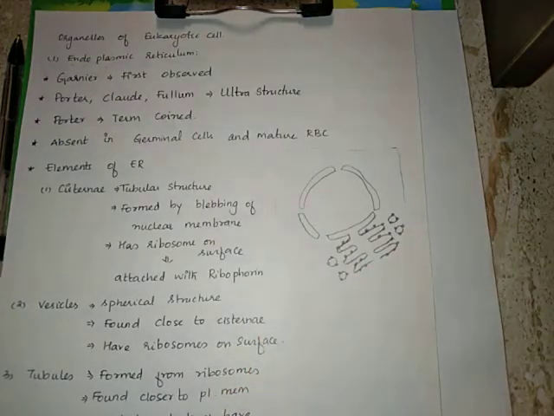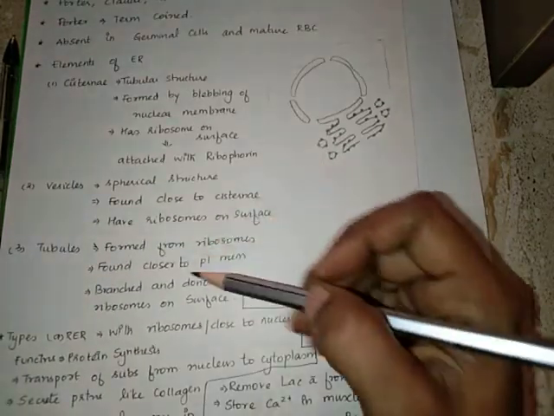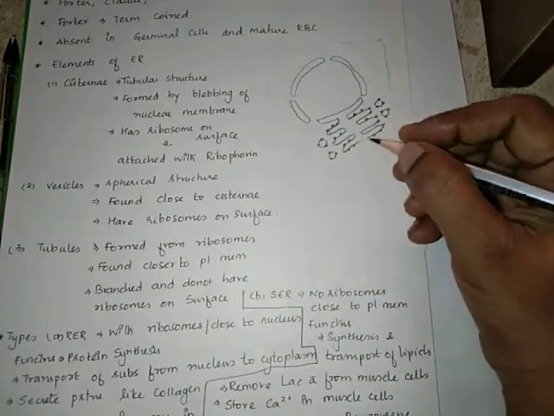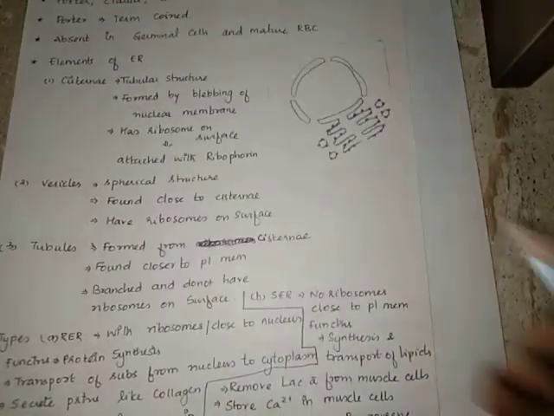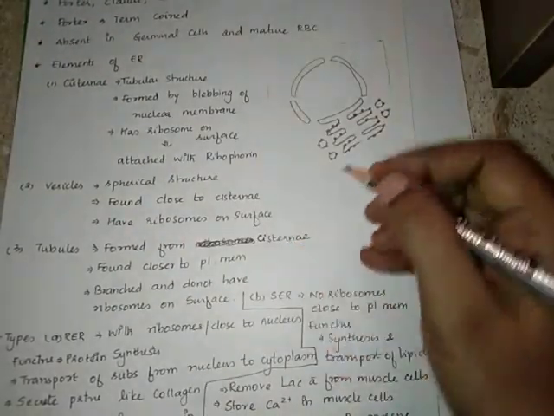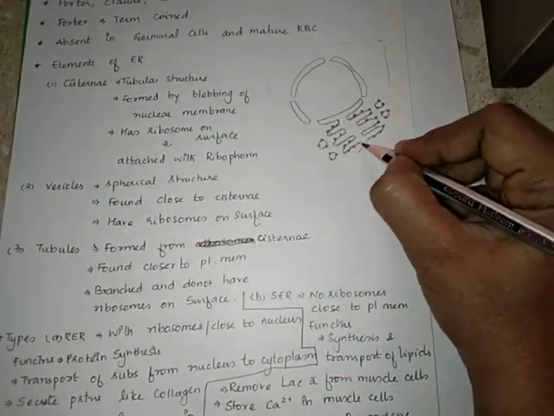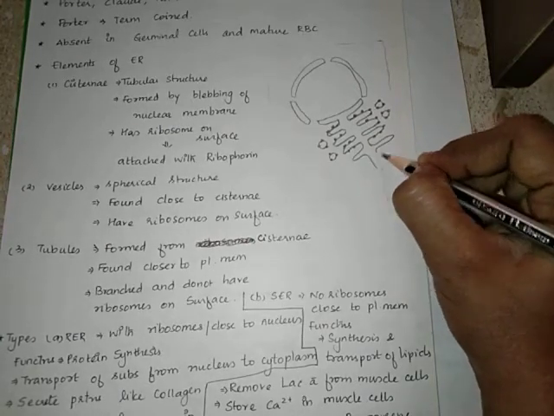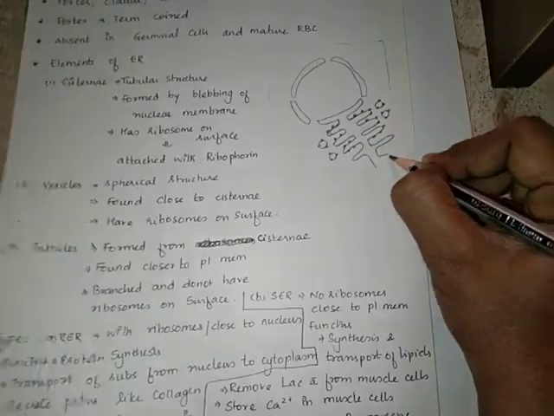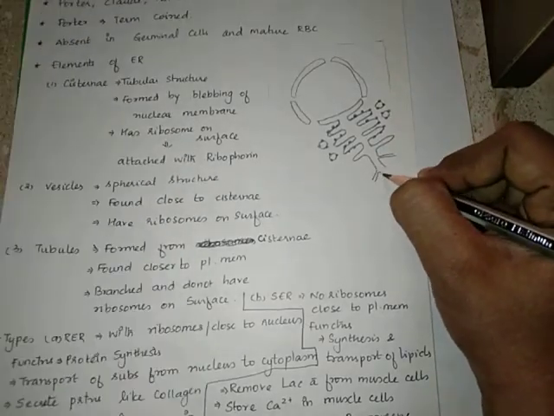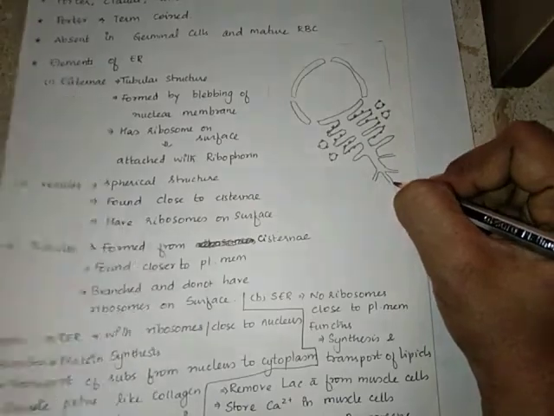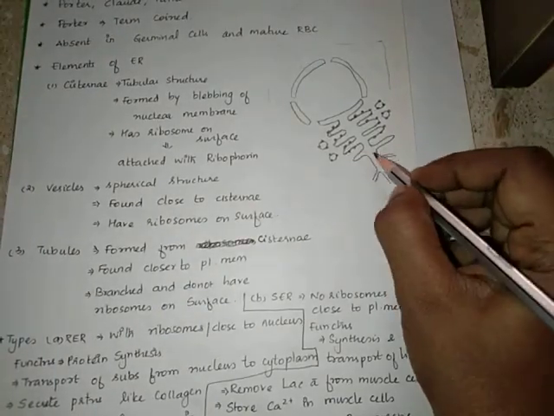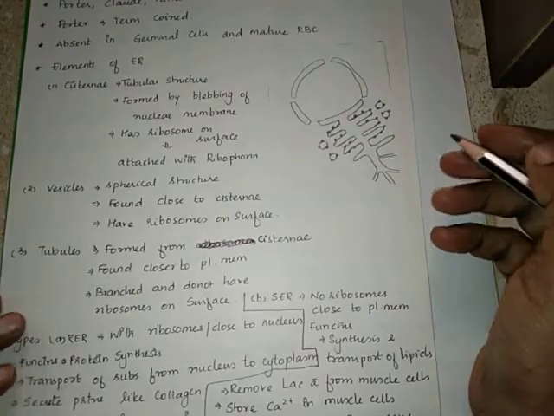And the last form in which the endoplasmic reticulum exists is tubules. Tubules are formed from the cisternae. They are just the extensions of these cisternae, and they become long tubular and branched structures, and these are formed once the ribosomes from the cisternae fall off, and these structures you call the tubules.